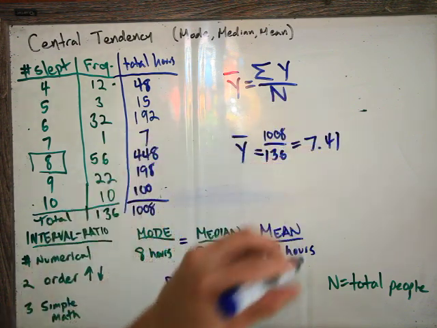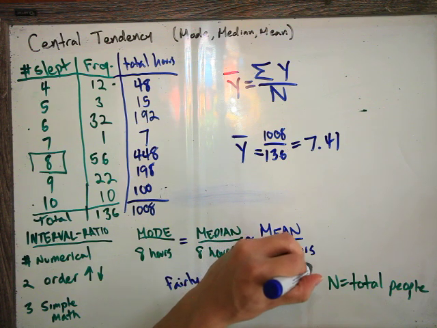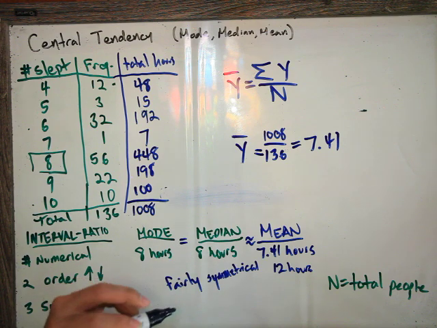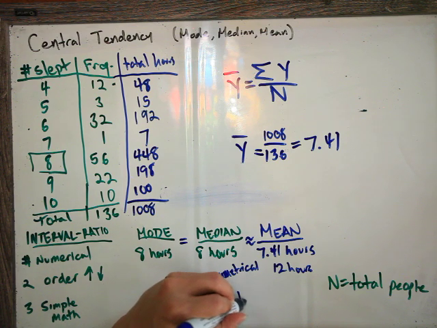If we did this calculation and we ended up having 12 hours of sleep as our mean, then our mean would be greater than our median, so we would have a positively skewed data set.